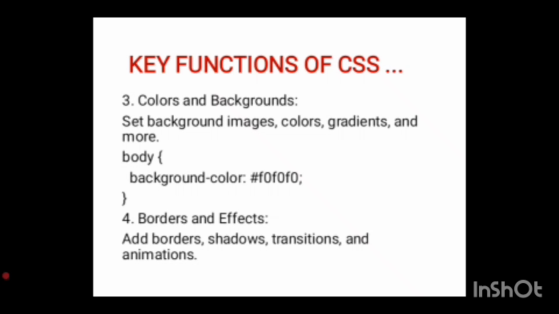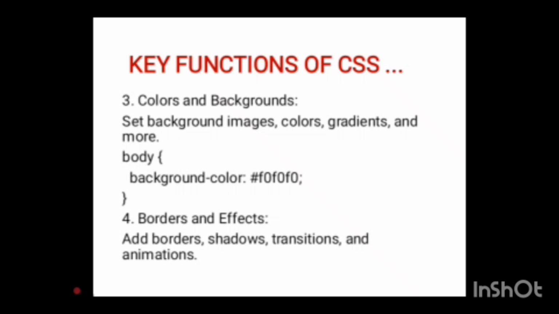For example, when you have a body element and you want to make the background color to be #F0F0F0. All this I'll explain in my subsequent videos as well. So don't worry if the words or my figures or my pronunciation is a bit cumbersome.